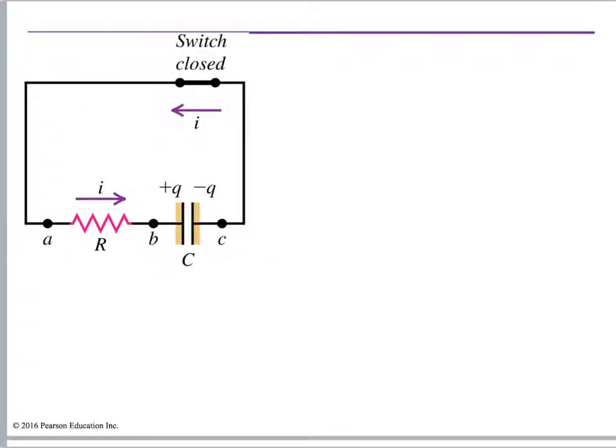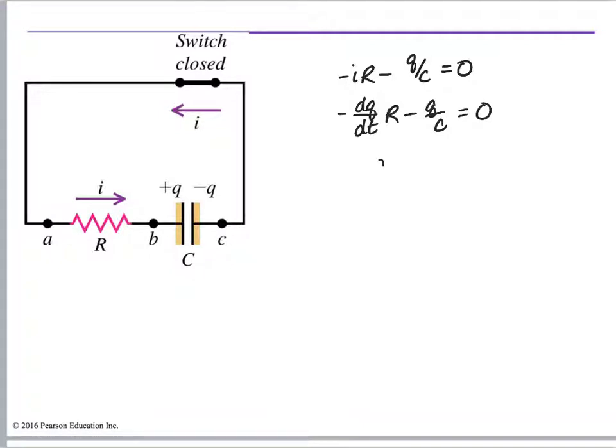So if we're thinking about a loop rule here, we have minus I times R minus Q over C equals 0. And I is dQ/dt, so minus R dQ/dt minus Q over C equals 0.